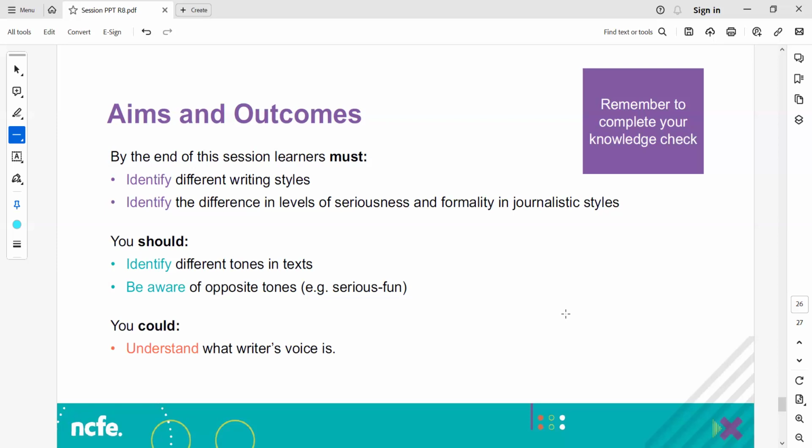Another thing I always say is, while you are out and about, if you're sat on a bus or a tram and you can grab a copy of the free newspaper, think about the different styles and features in the writing. On your phone, you can read the news and look at different news websites, and think about the contrast between them. If you're reading a novel, what language features are used, what can you spot in that? Just be thinking about it whenever you've got a chance to read something during the week.